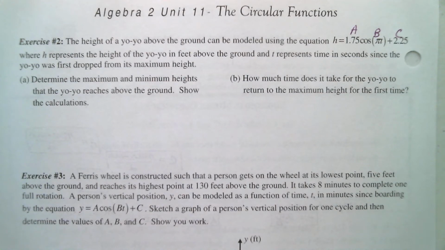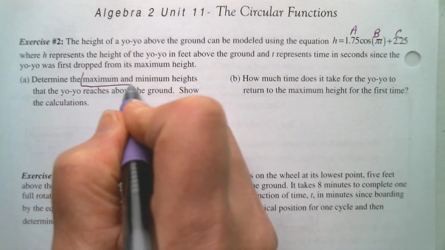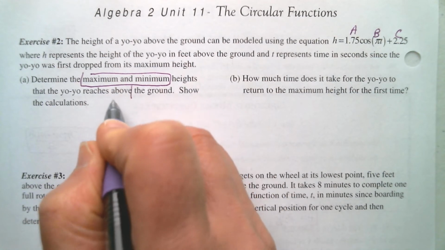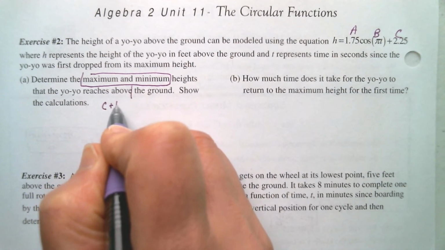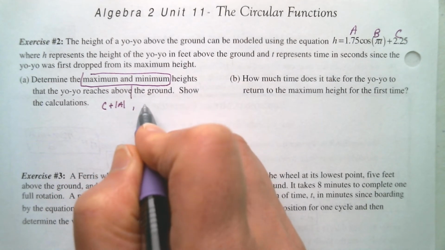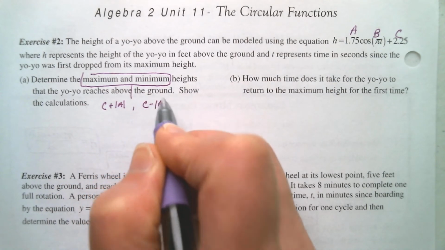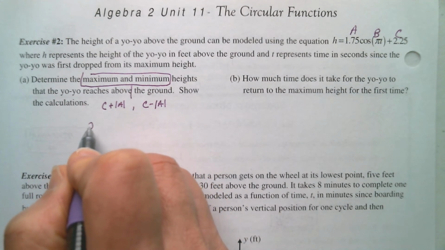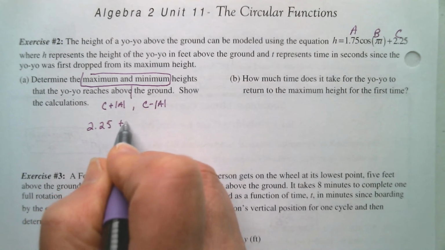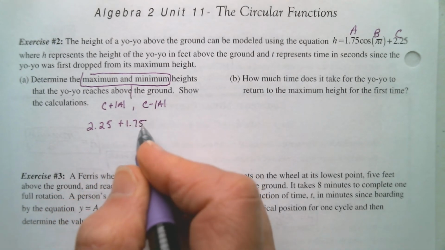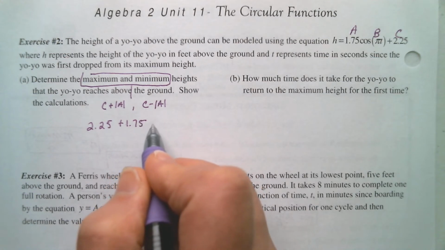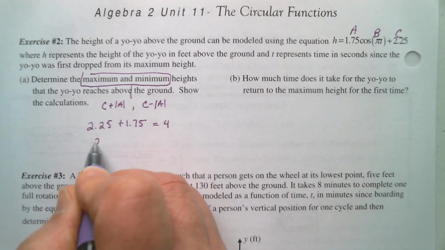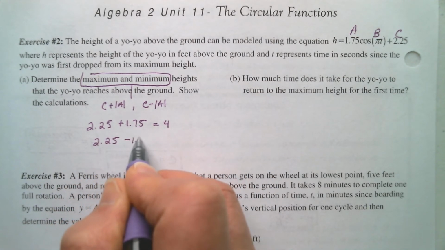Show the calculations. Okay, so we want the max and min. The max is C plus the absolute value of A, and the min is C minus the absolute value of A. C is 2.25, so we want 2.25 plus 1.75, which is 4, and 2.25 minus 1.75.